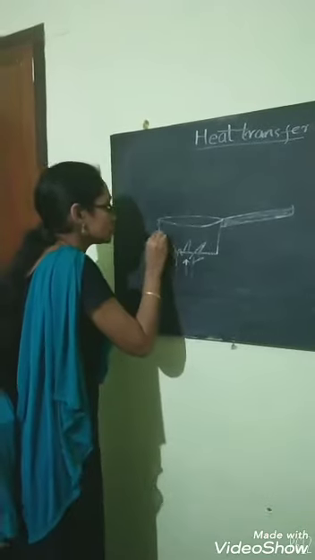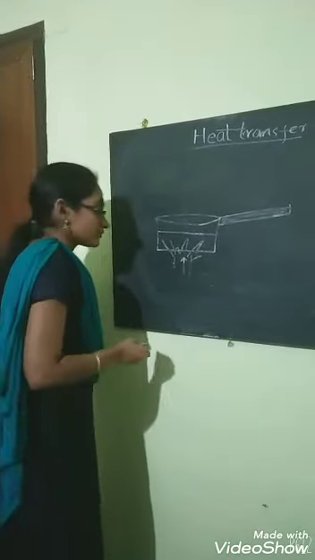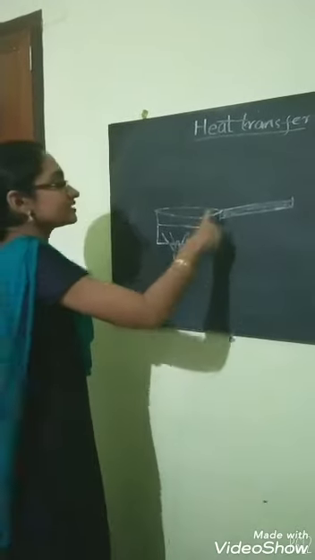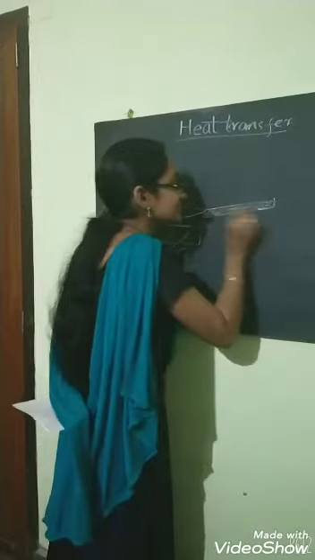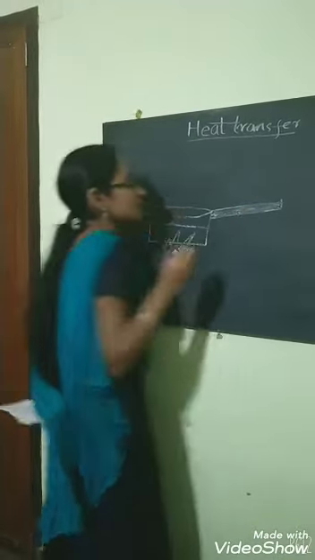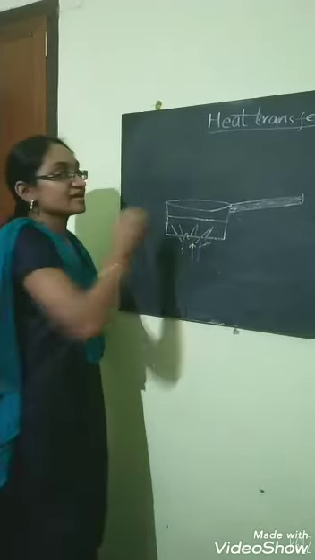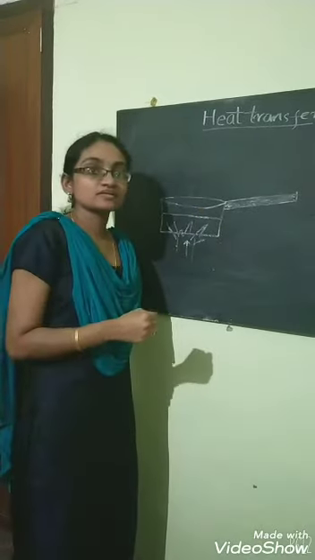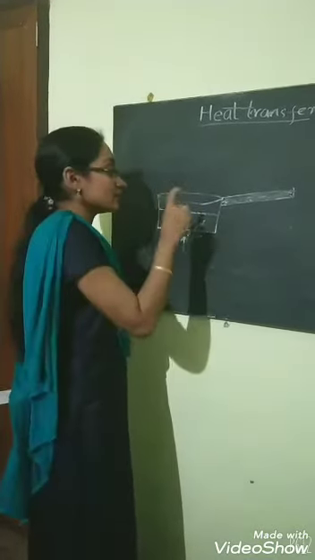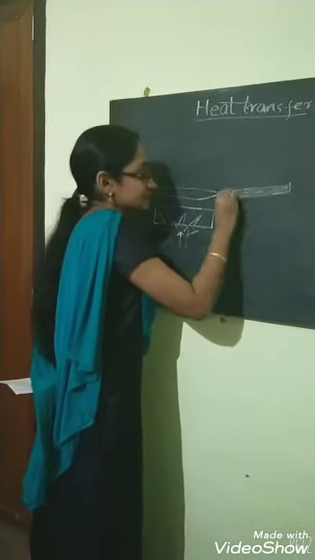And this beaker has water. This is a metal handle, not a plastic handle. Now when I give heat to this side and hold this, what happens? I still get the heat flow from this end to this end.